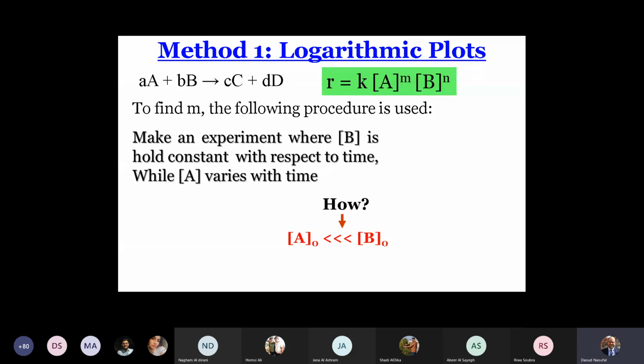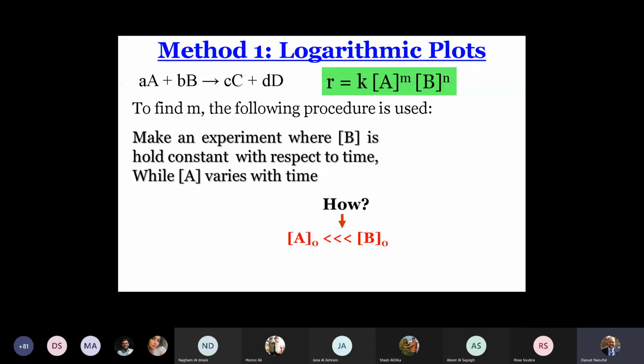So A will decrease from 1, 0.9, 0.8, 0.7, 0.6, 0.5 till 0. And B will also change from 100, 99.9, 99.8, 99.5, 99.4, 99. So at the end of the reaction, B is equal to 99%.